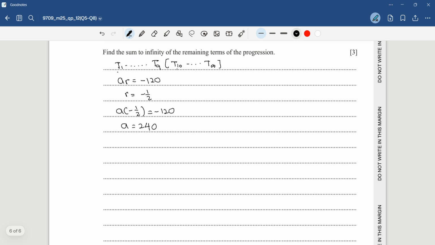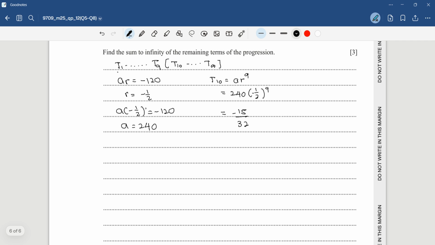So I need to find my new first term, which is T10. So my T10 is going to be ar to the power of 9, ar to the power of n minus 1. So it's going to be 240 times negative 1 over 2 to the power 9. So it's going to be negative 15 over 32.